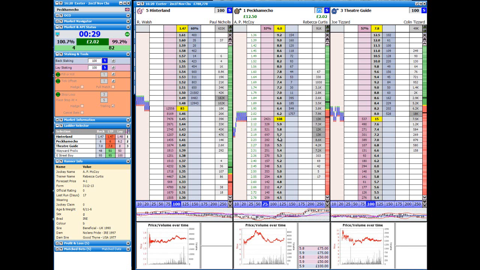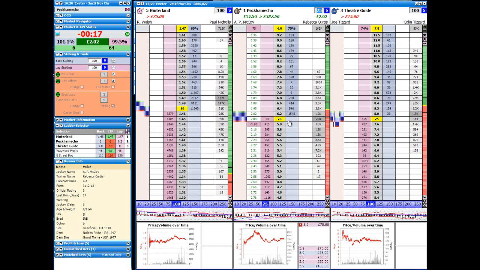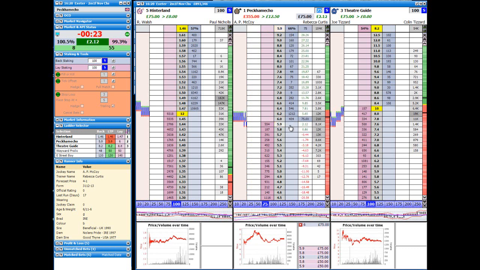We're looking at the second favourite here in the middle of the ladder. It was unlikely that the prices would steam or drift. It was just going to be bouncing around this 6.0, 5.9, 6.2 mark. So you can get in and out, in and out. There we go again.